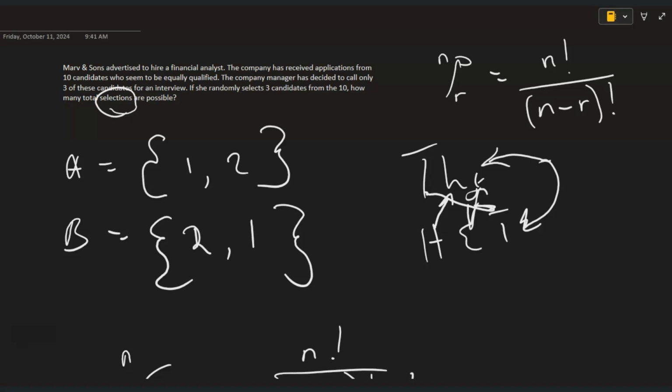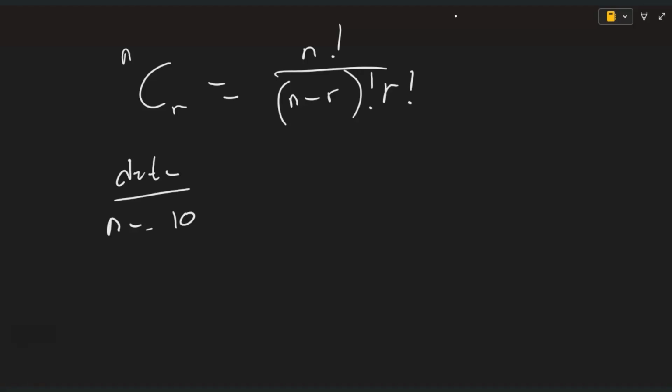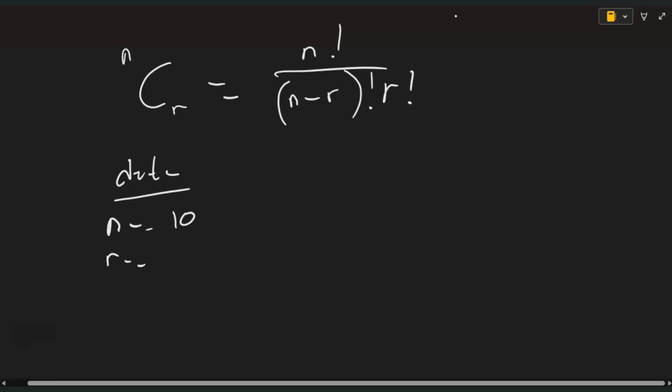So you want to select 3 from 10. Just by that, we collect our data. We know that n becomes 10, since 10 is the total number of items in the group, and r is the number of items to be selected from that group, which is 3.